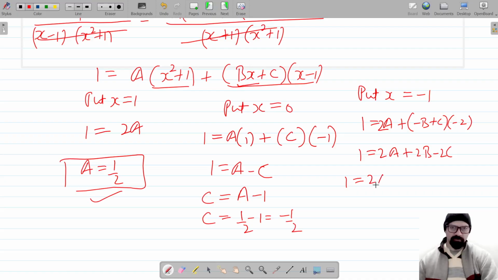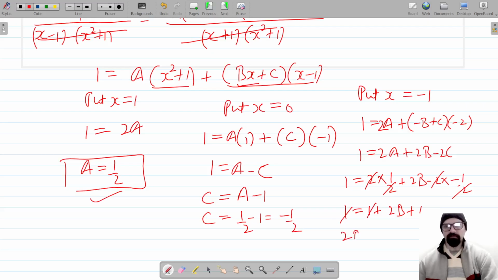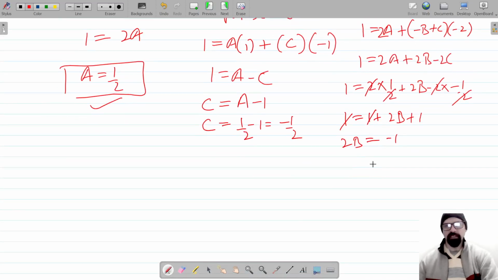Now 1 is equal to 2 into A, which is half, plus 2B minus 2 into C, which is negative half, which gives me 1 plus 2B plus 1. So 2B is equal to negative 1, and B is negative half.